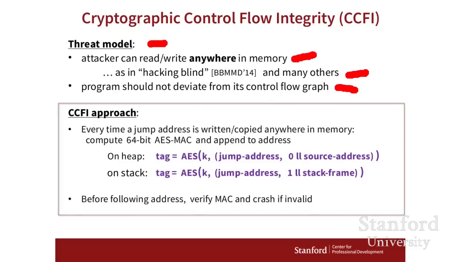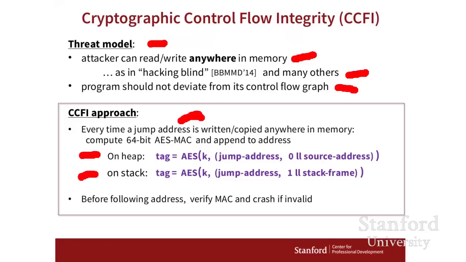Well, the way we do it is, as I said, using this cryptographic control flow integrity idea. Every time control flow depends on a jump address, we're going to verify the integrity of that jump address. In particular, every time the code writes an address onto the heap or onto the stack, it's going to concatenate to this address a 64-bit integrity tag. Here is how we compute it.